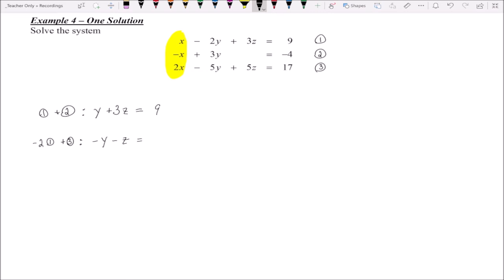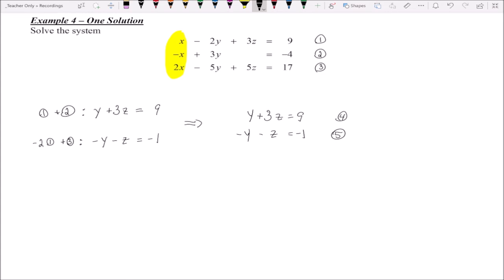Then we have negative 18 plus 17, which is negative 1. So this gives us a new system. Specifically, this gives us the system y plus 3z is equal to 9, negative y minus z is equal to negative 1. Again, let's label these equation 4 and equation 5.